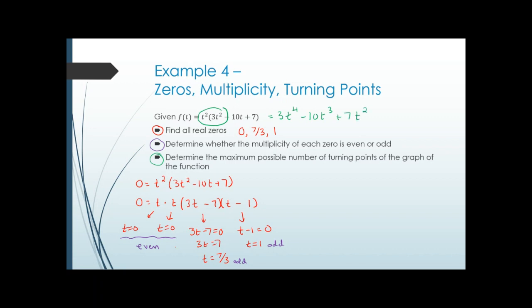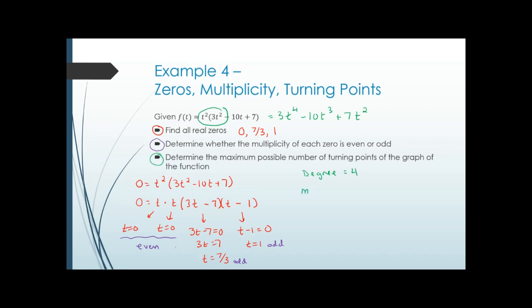So your highest exponent is 4. So the degree is 4. When we solved, we got 4 numbers, but really only 3 zeros. So that's why we say the maximum number of zeros is equal to the degree, but you could have fewer than that.